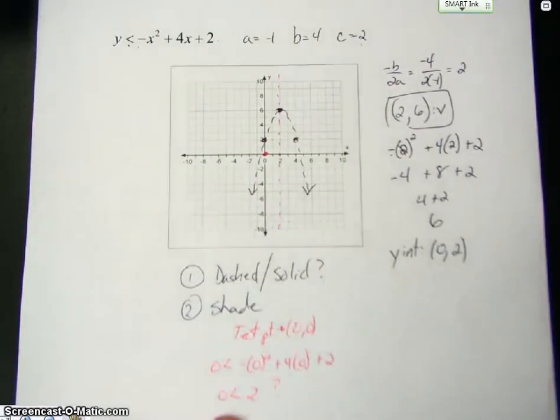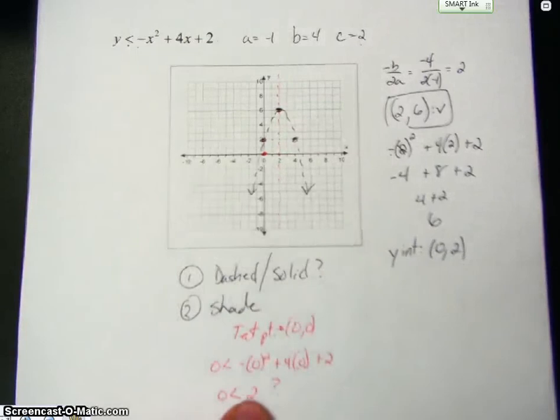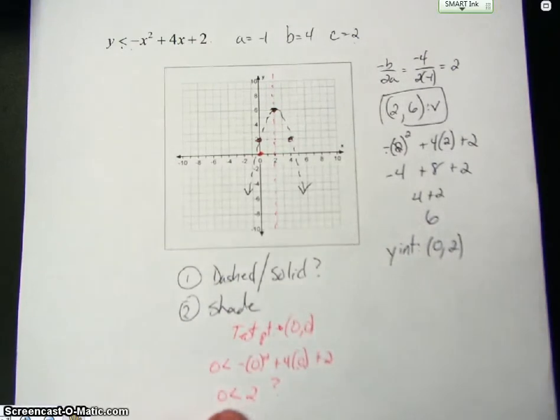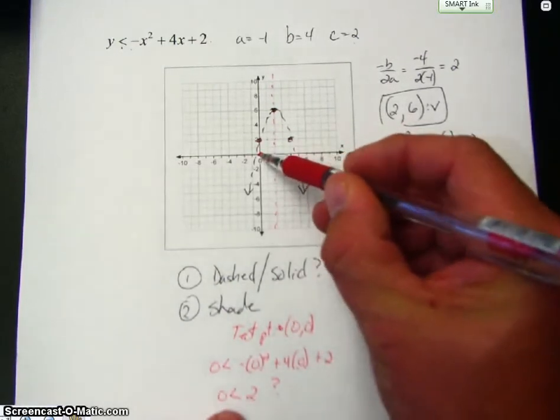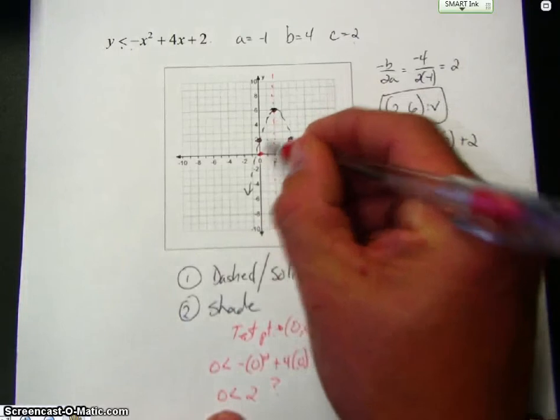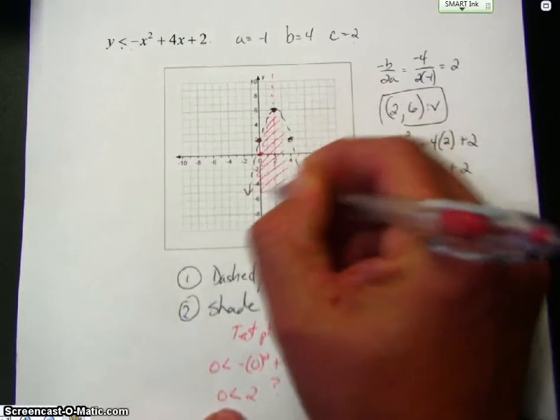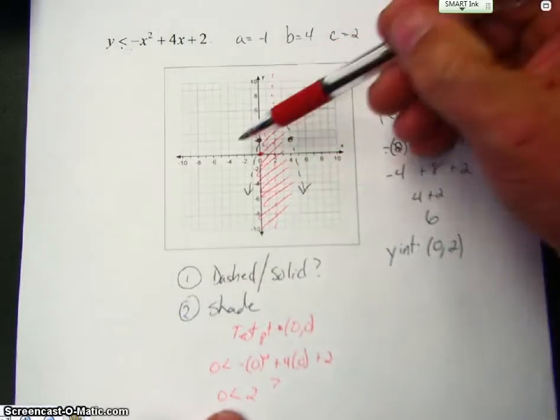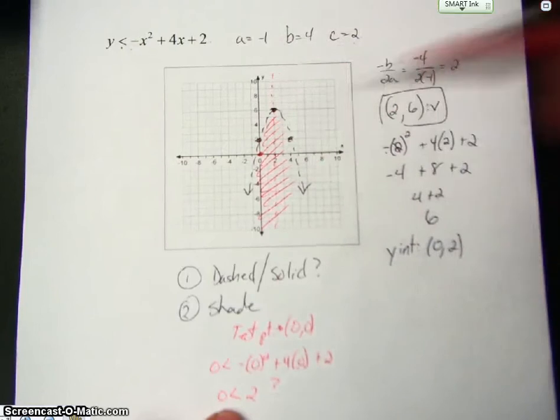Is this true? Is 0 less than 2? Is 0 smaller than 2? Yes, that is true. So wherever my point is on the inside, I shade where the point is. So I shade on the inside because it's true. If it was false, I would shade on the outside because that would be opposite of where the point was.